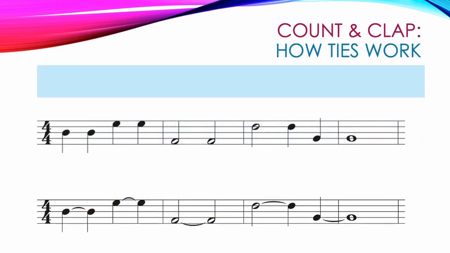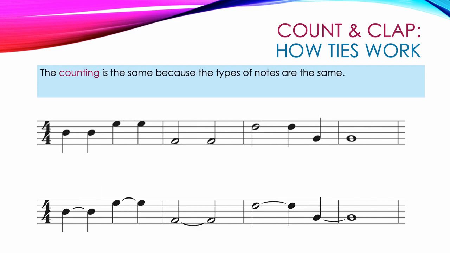Now let's take a closer look at the purpose of ties and how they work. These two examples are exactly the same, except the top example doesn't have any ties and the bottom example does have ties. The counting is the same for both examples because the types of notes are the same.